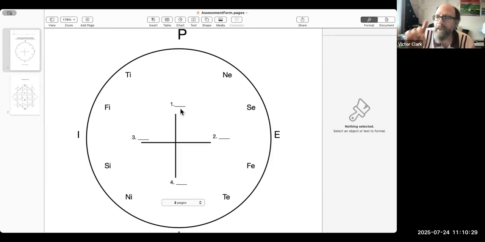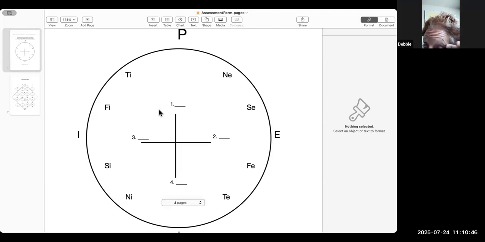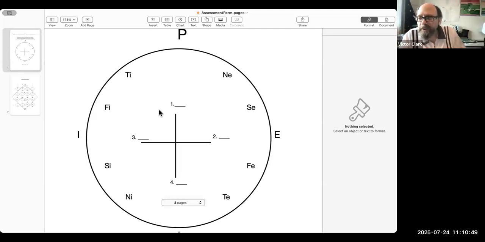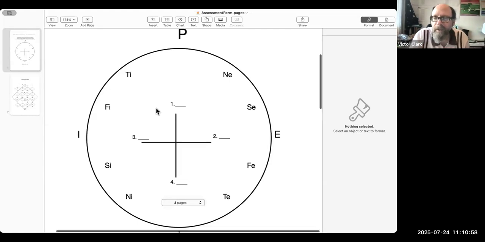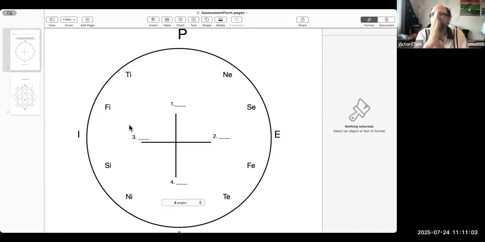But what I want to point out is that we've talked about how we develop our different functions. We all have the four functions in us, and some are more conscious or developed than others. We have this cross to help us map how that's happening, what is more developed and what is less developed.